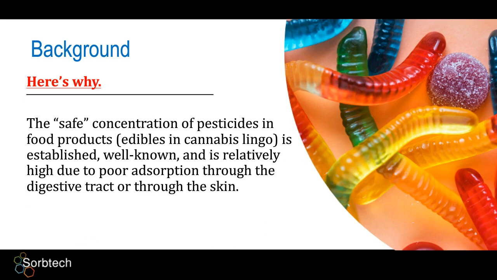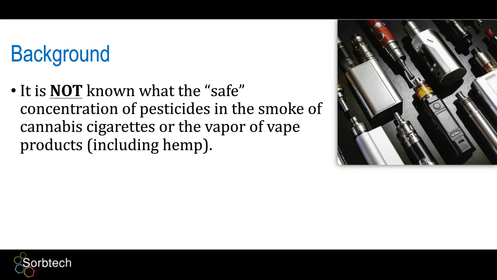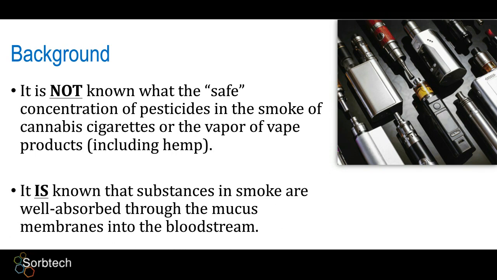The safe concentration of pesticides in food products, or edibles in cannabis lingo, is established, well-known, and relatively high due to poor absorption through the digestive tract or through the skin. However, it is not known what the safe concentration of pesticides is in the smoke of cannabis cigarettes or the vapor of vape products, including hemp. Now, it is known that substances in smoke are well absorbed through the mucous membranes into the bloodstream.